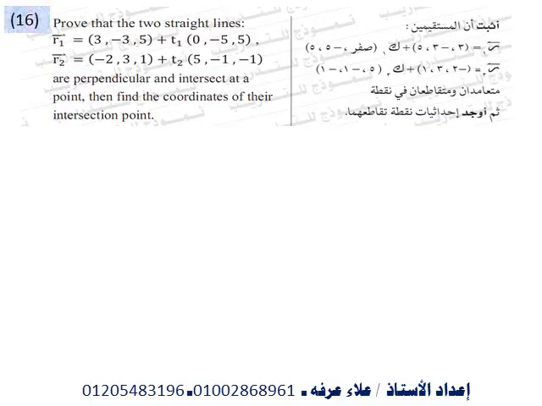Prove that the two straight lines, vector R1 equals (3, -3, 5) plus T1 (0, -5, 5) and vector R2 equals (-2, 3, 1) plus T2 (5, -1, -1), are perpendicular and intersect at a point, then find the coordinates of their intersection point.